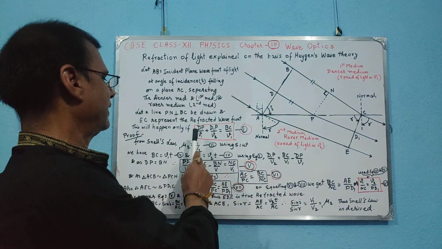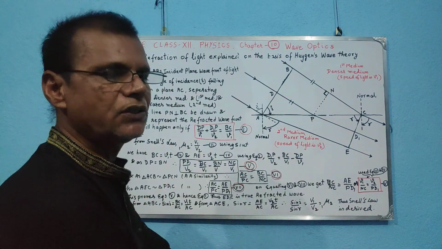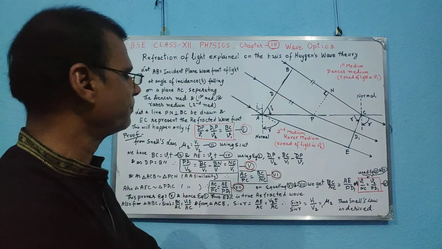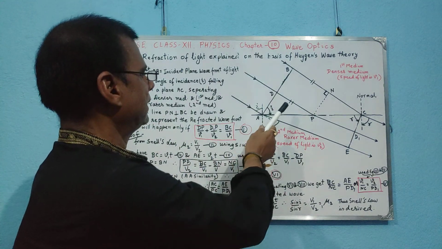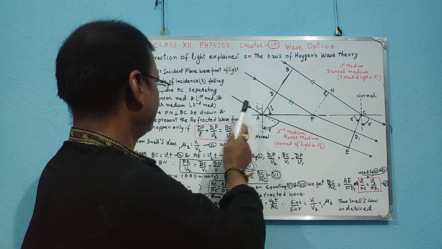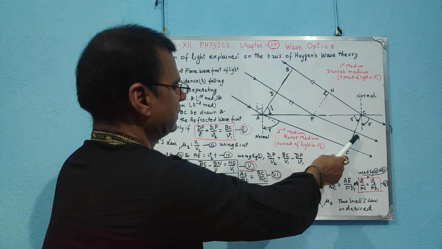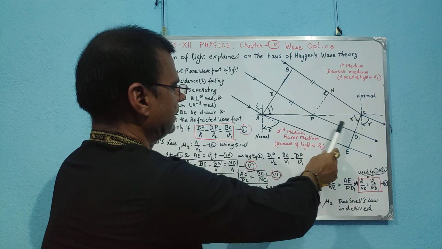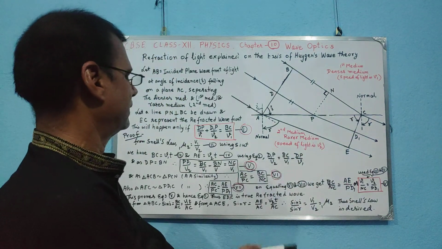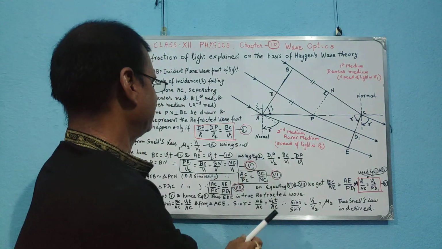Using the relation S = UT, we have T = S/U. Here the distance is DP divided by the speed of light v1, and then the distance in the second medium travelled by light is PD1, divided by the speed of light in the second medium, v2.